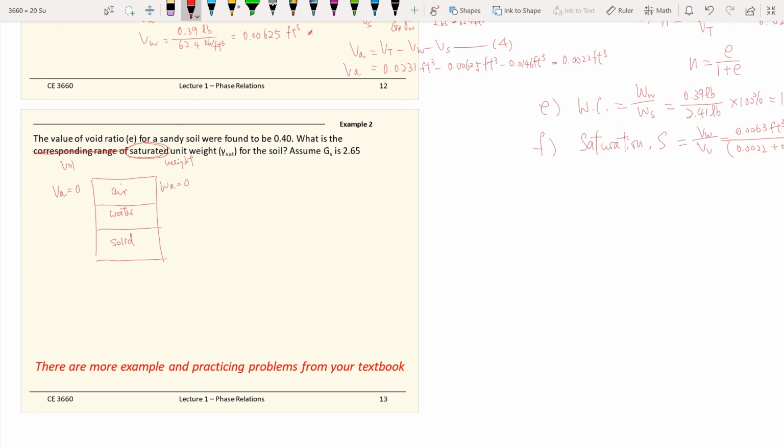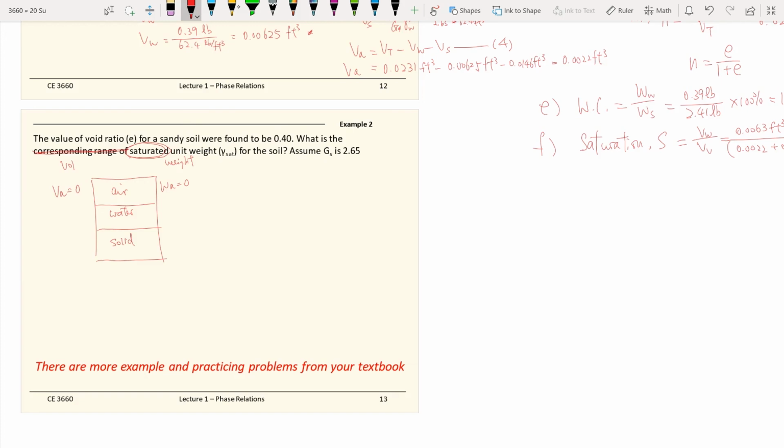So we are at step number 2 now, trying to fill in the information that we know. The weight of the air is equal to 0, and since the specimen is saturated, the volume of air is also equal to 0. Also realize that for this particular problem, the volume is not given, which means it's up to us to assume, because everything is proportional.